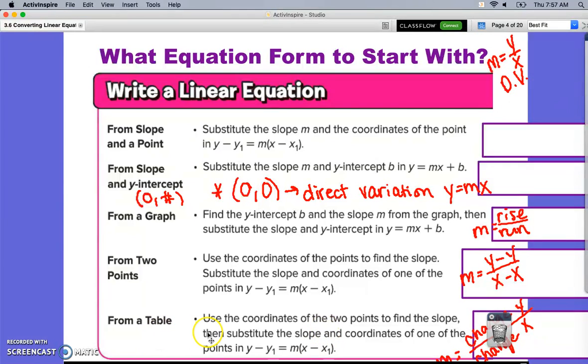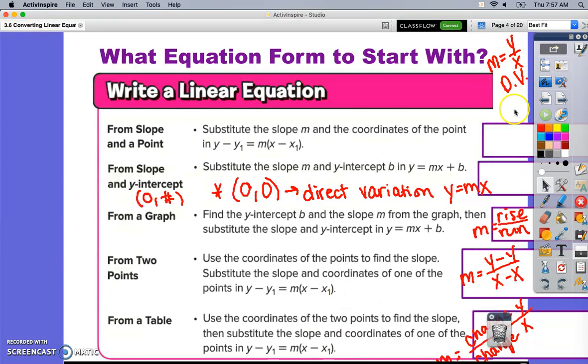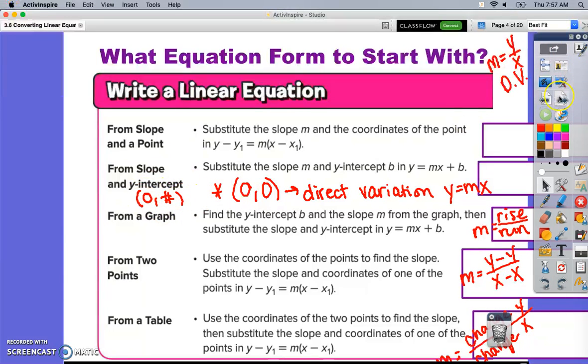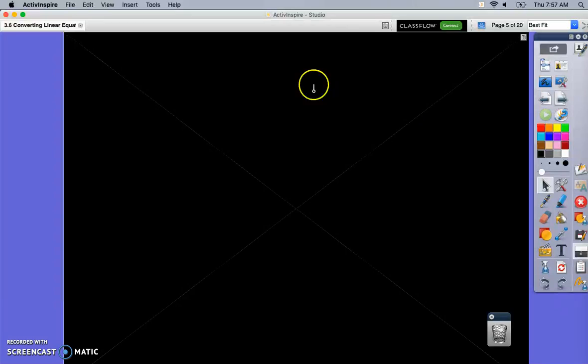Okay, from a table, you're going to use the coordinates of two points to find the slope, then substitute the slope and the coordinates of one of the points into your point-slope form. Point-slope form is going to be one of the easier ones to substitute into if you're given two points, because you don't need to know the exact point of the y-intercept, you just need to know two points.